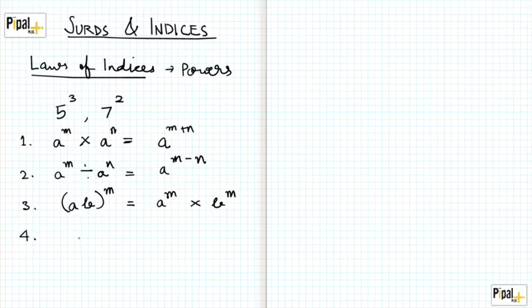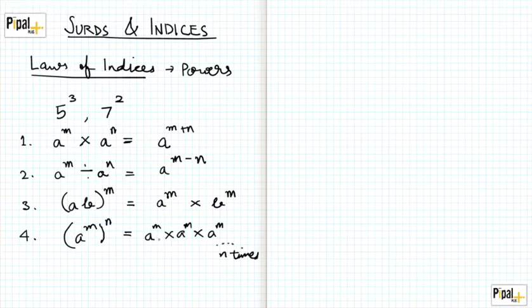Then a to the power m and whole to the power n is actually equal to a to the power m multiplied by a to the power m multiplied by a to the power m, and this happens n times. This means that a to the power m, when multiplied with itself n times, we get a to the power m into n. So essentially, if there is a power outside of the bracket, it multiplies with the power inside of the bracket.